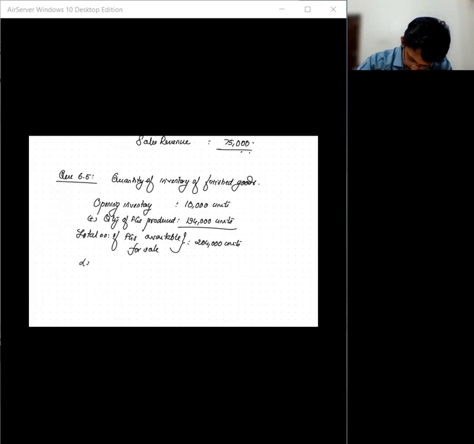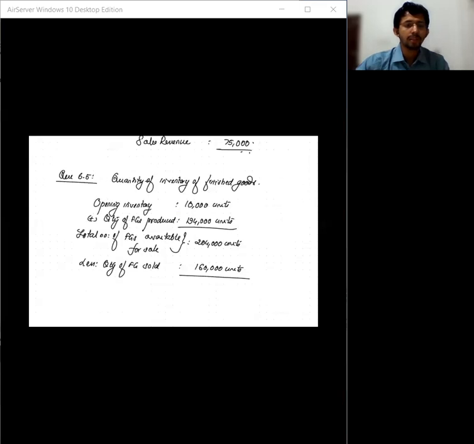From this, you have to reduce the quantity of finished goods sold. How much have you sold? You have sold 1,60,000. So 1,60,000 should be reduced. And what is the closing balance?